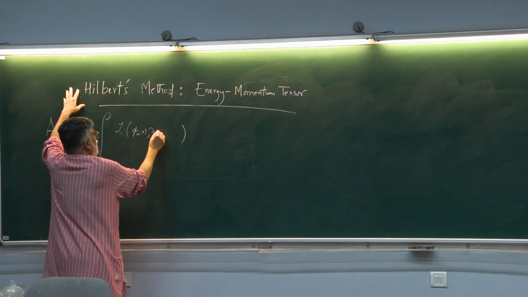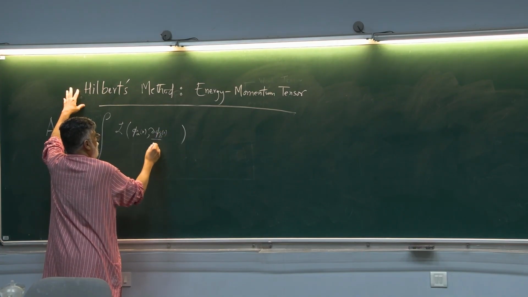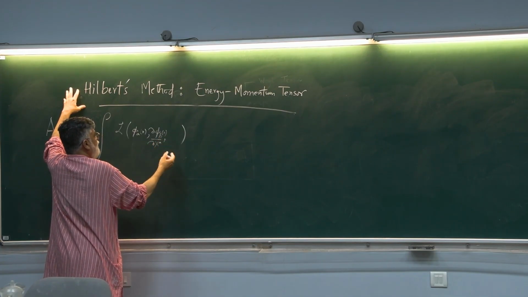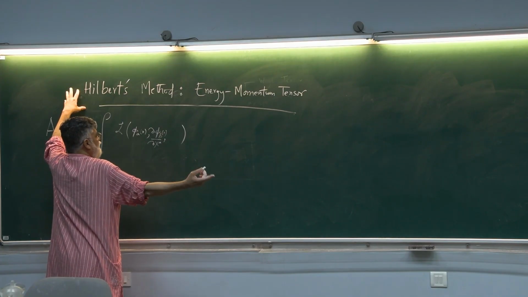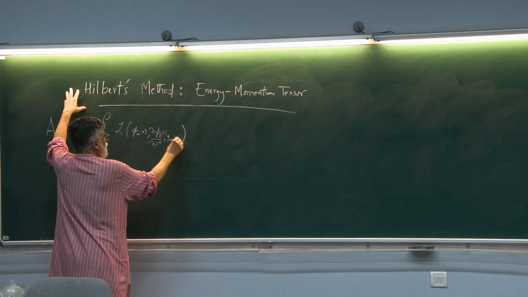That means you will have phi a of x and its partial derivatives, and because covariant derivatives involve the metric, there will be a metric g mu nu and derivatives of the metric, g mu nu semicolon alpha.